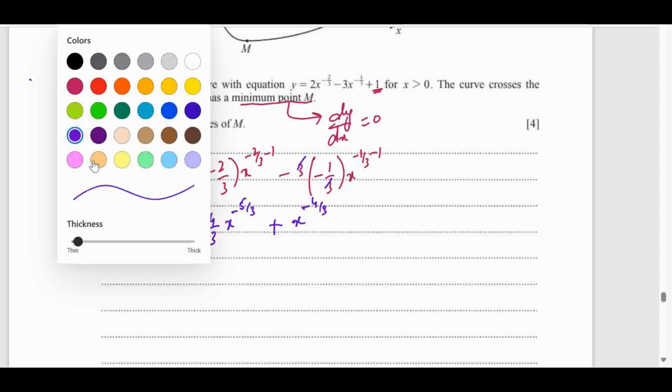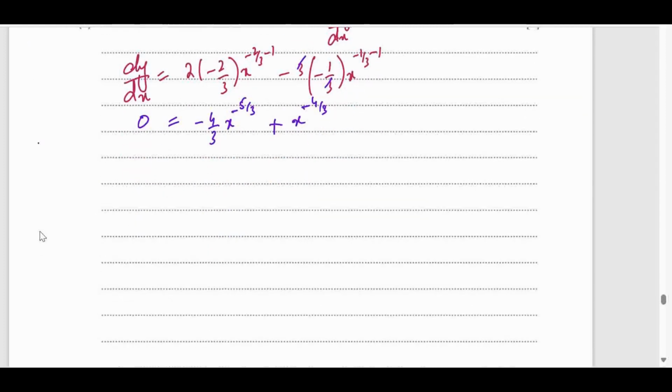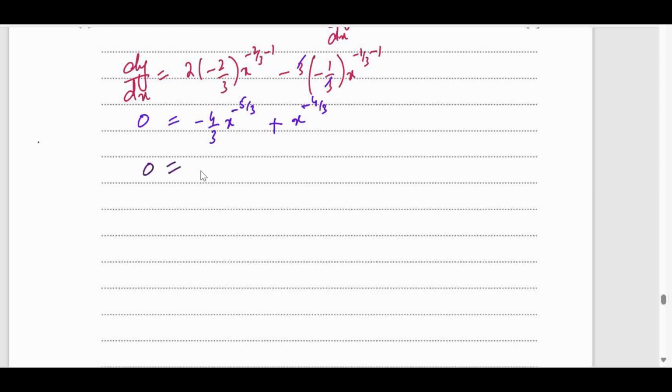From here we can take x power minus 4 by 3 as common. So 0 is equal to x power minus 4 by 3 times minus 4 by 3 x power minus 1 by 3 plus 1, and if we simplify it further, x power minus 4 by 3 is equal to 0, and minus 4 by 3 x power minus 1 by 3 plus 1 is equal to 0.